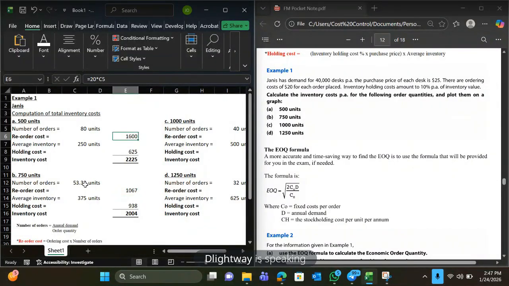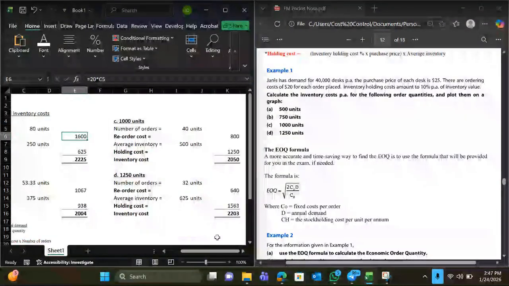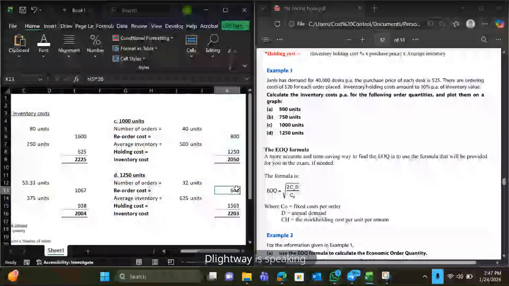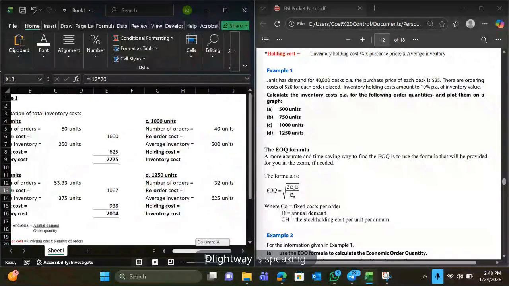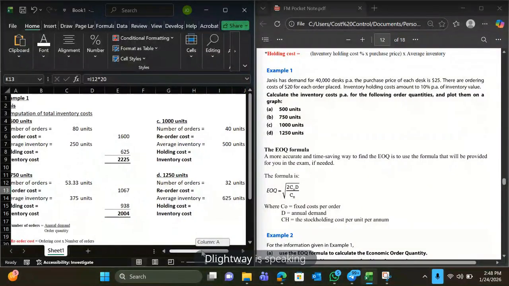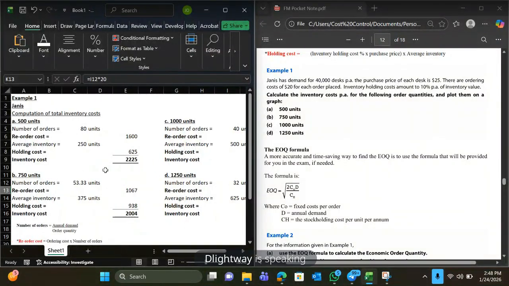When it was 53, it reduced. Justifies our explanation. When it was 40, it reduced to 800. When it was 32, it reduced to 6,400. But now the disadvantage of this is that the more you order, the more your inventory, your holding costs.